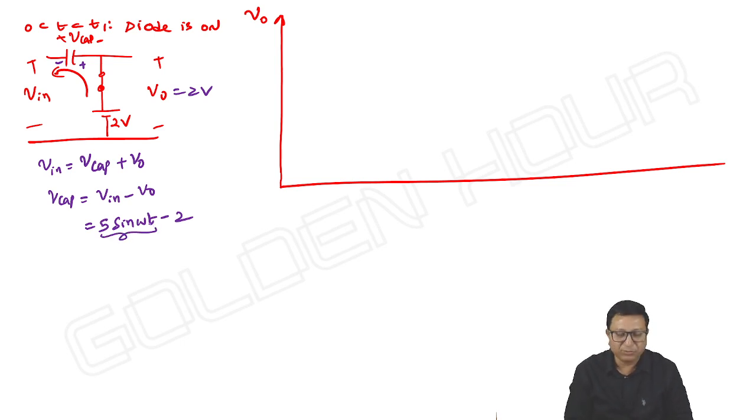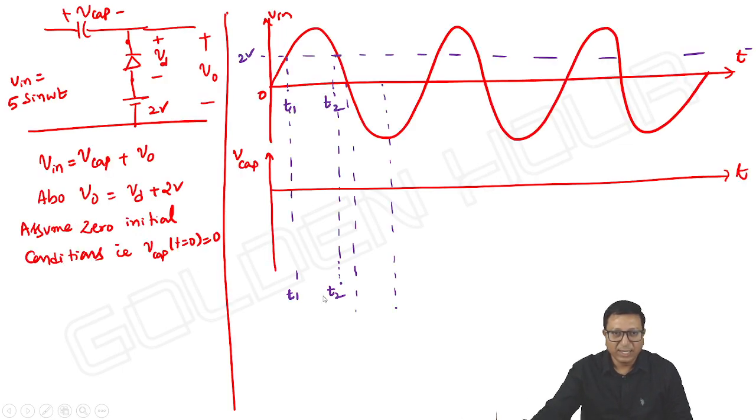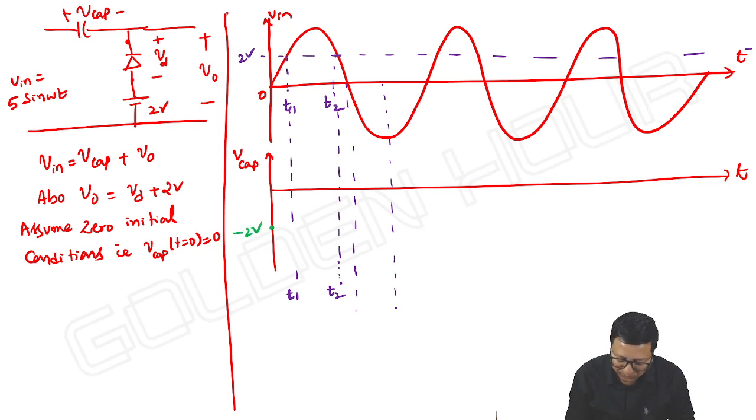Means even though I am writing 5 sin omega t, the 5 sin omega t value is less than 2. Ultimately, V capacitor is negative. No doubt about it. Okay. So at t is equal to 0, the capacitor voltage will be minus 2 volts, because input is 0 and V output is 2 volts. The diode is on, 0 minus 2, it is minus 2.